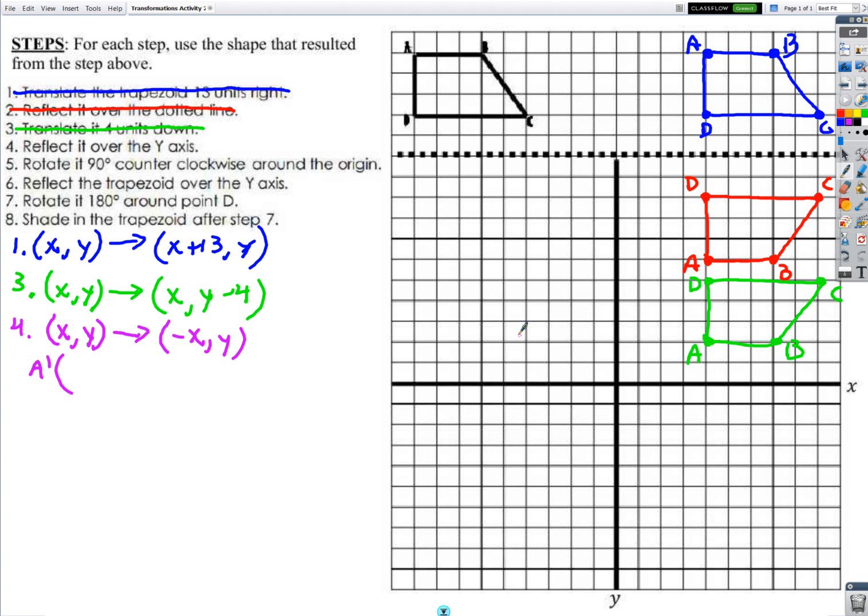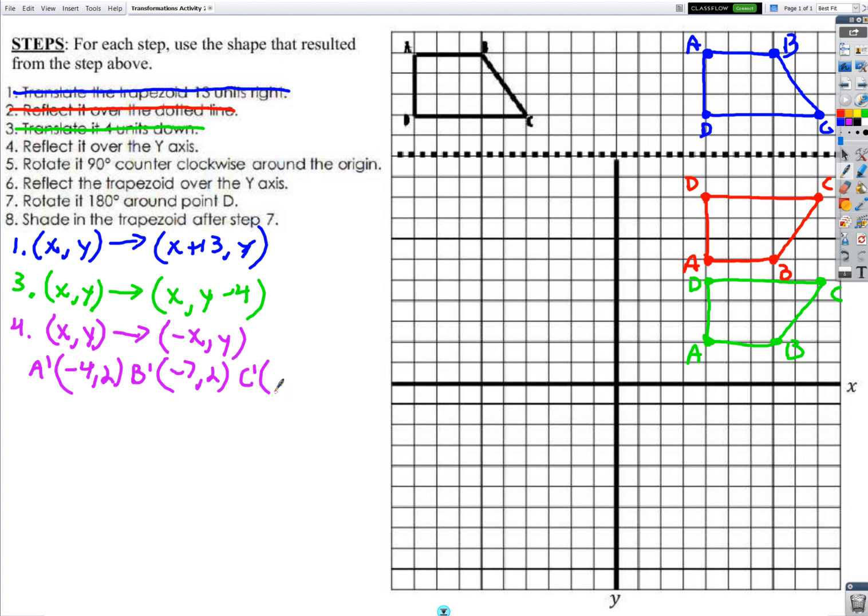So right now, A in green is at 4, 2. If I change the sign of the x, where am I going to end up? If currently A is at 4, 2, negative 4, 2, good. And then if B is currently at 7, 2, negative 7, 2, good.